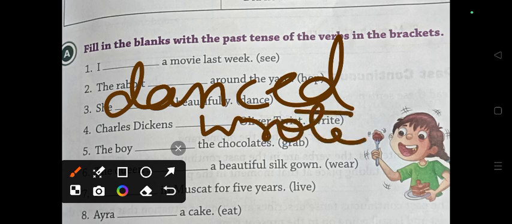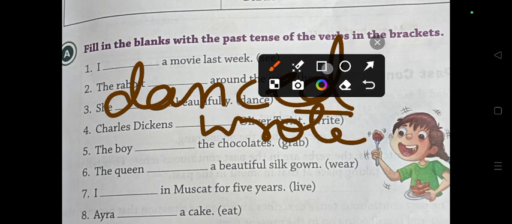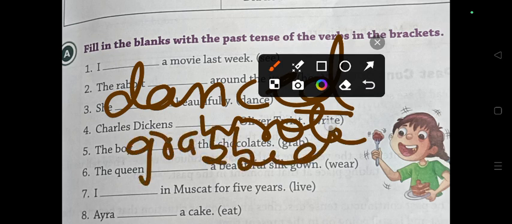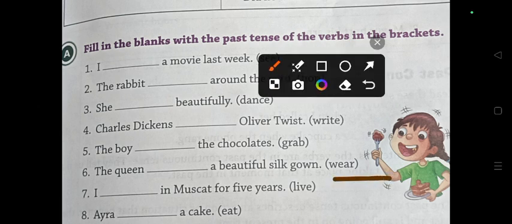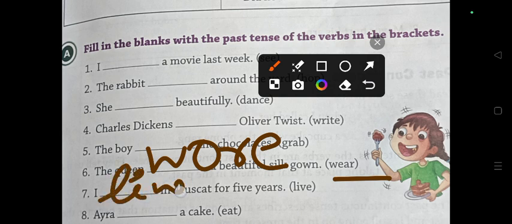Then the boy grabbed the chocolate. Next, the queen wore a beautiful silk gown. I lived in Muscat, and Arya ate. Understood?